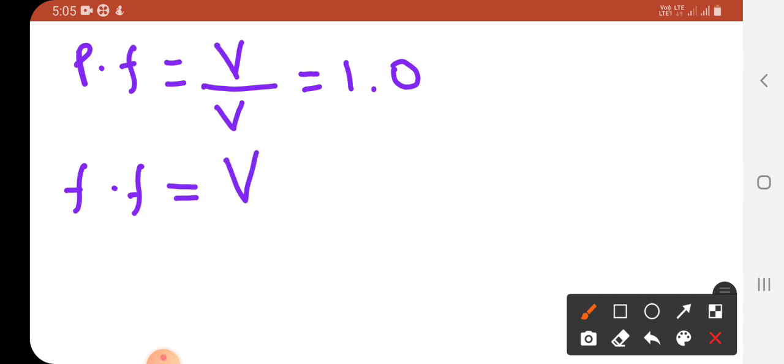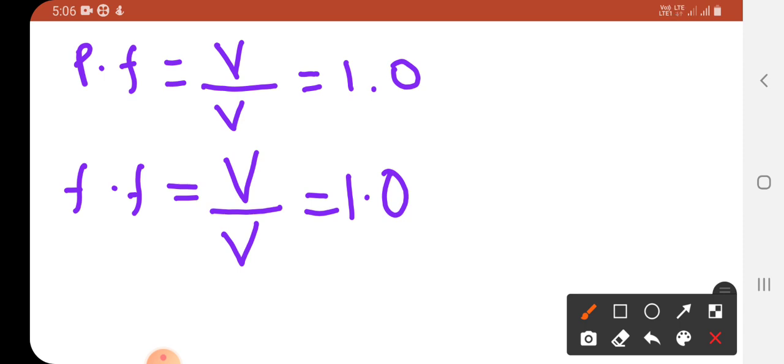VRMS is V and V average is also V, so this is also 1.0. This is the minimum value of form factor. That means the values of peak factor and form factor are always greater than or equal to 1, and the minimum is 1 only.